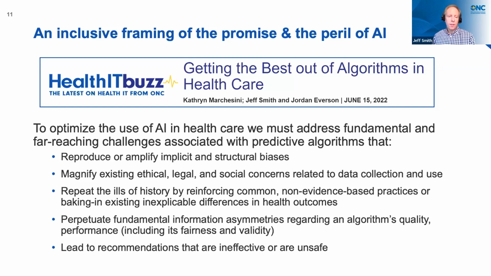And I think one of the things that we found was that there wasn't just one challenge. We were tasked early on in the Biden administration by Secretary Becerra to look into how algorithms could perpetuate bias and discrimination. We found that as you start to look into that, bias and discrimination are but a piece of a wider set of challenges and opportunities related to the use of algorithms in healthcare.